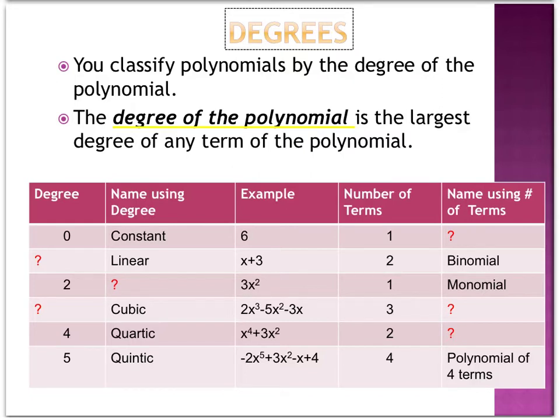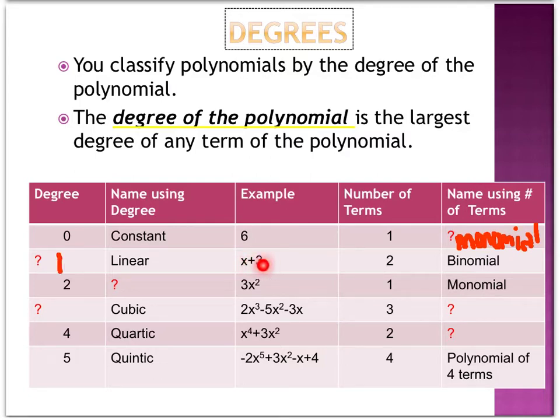If you notice, whenever we have a 0 degree, that's our constant term. For example, the number 6, there's only one term there, and therefore it's going to be a monomial. Okay. Now here, I know that I'm calling it a linear function, therefore that means that the highest degree has to be 1.